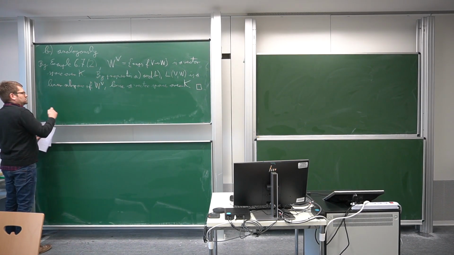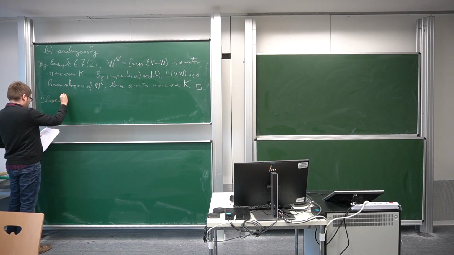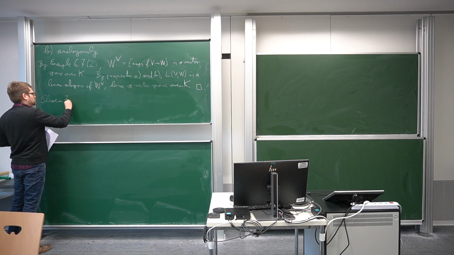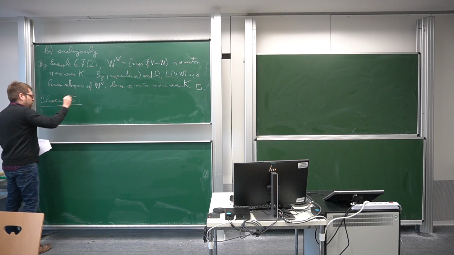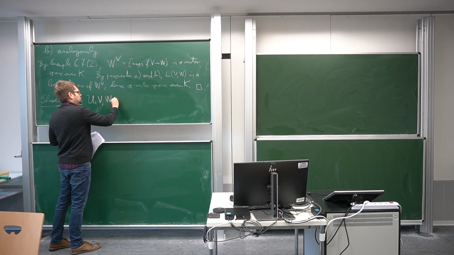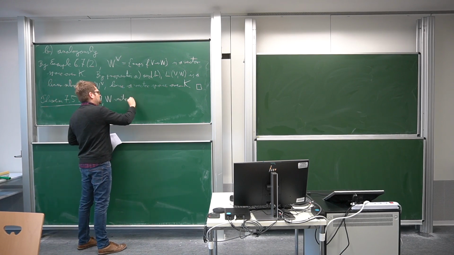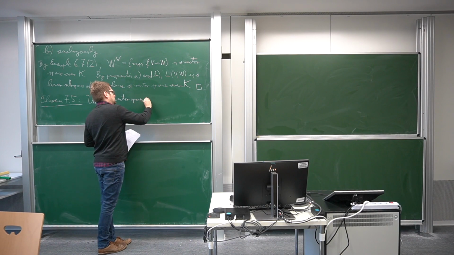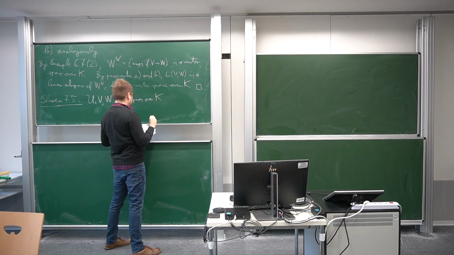Okay, now another property of linear maps, theorem 7.5. Now we need three different vector spaces, so U, V, W should be vector spaces over K. Sorry, handwriting is even lousier than usual.